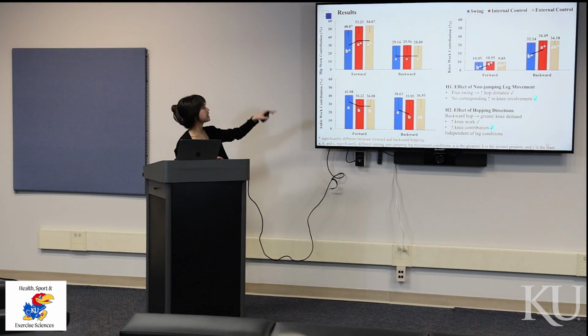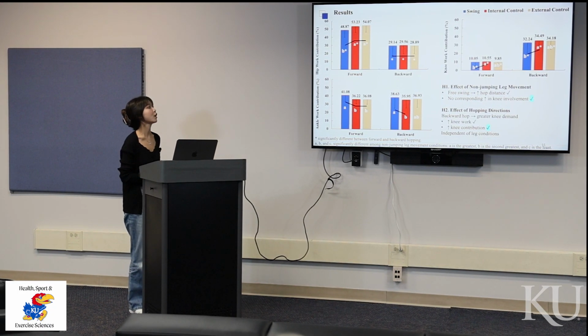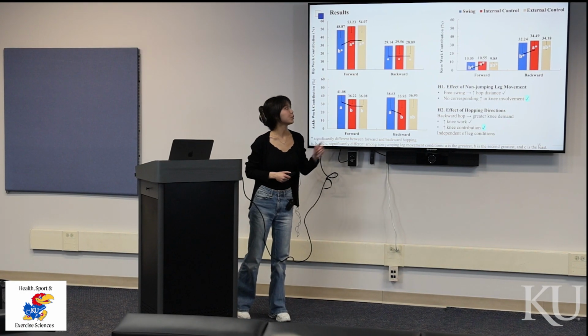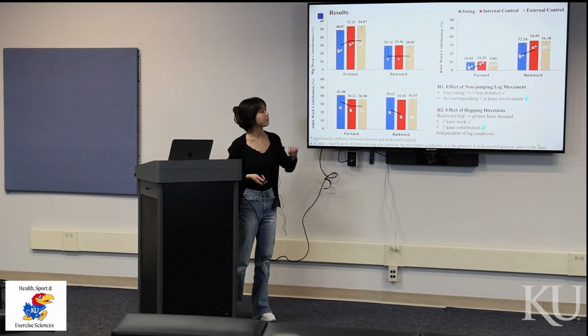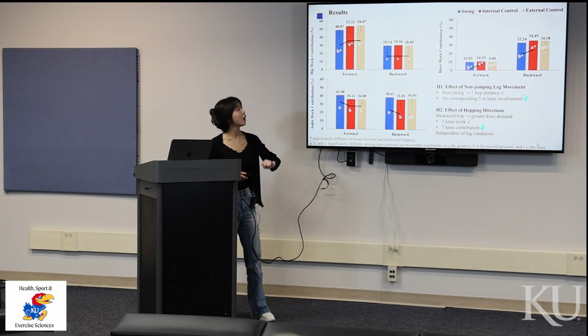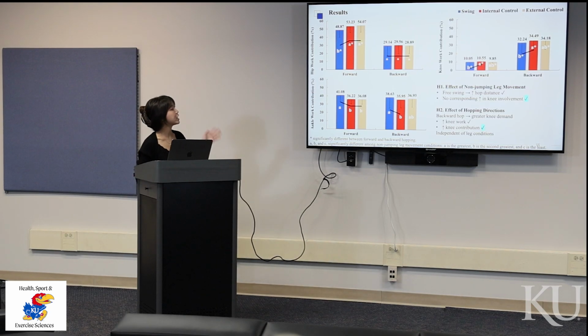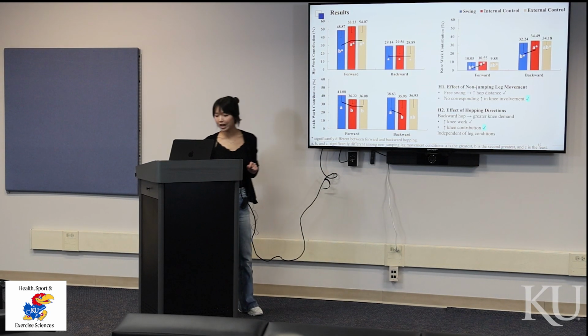And this is the result for the hip, knee, and ankle work contribution. We will focus on the knee work contribution first. As we can tell, the internal control condition also showed greater knee work contribution compared to the free swing condition. It also supports our hypothesis 1.